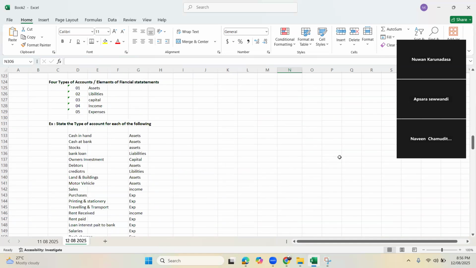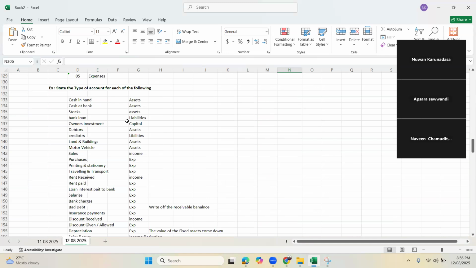Right, we have written here a few types of accounts. Cash in hand is an asset. Which balance should you expect? Debit, so easy. Then cash at bank, again an asset.